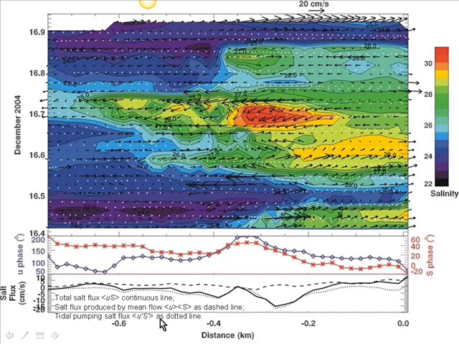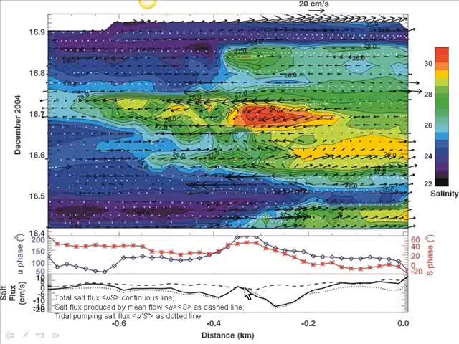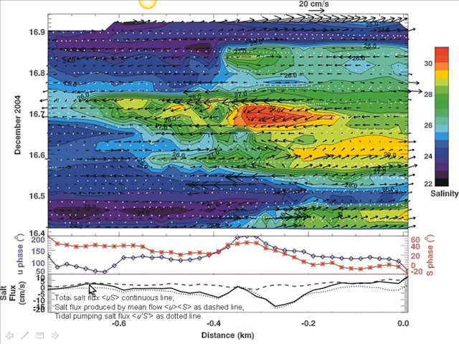what you get, and these are all averaged throughout the tidal cycle, as a function of space is what follows. You can see that the total flux, which is the continuous line, is followed very closely by the dotted line, which is the tidal pumping, except here.